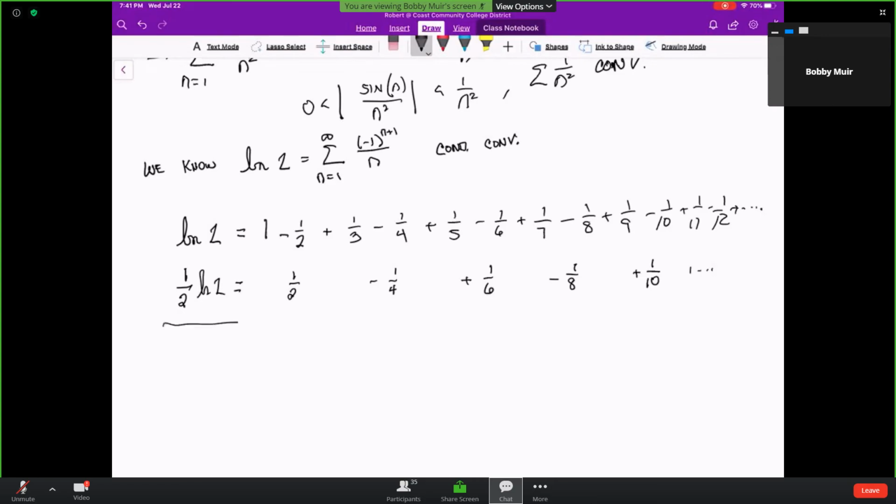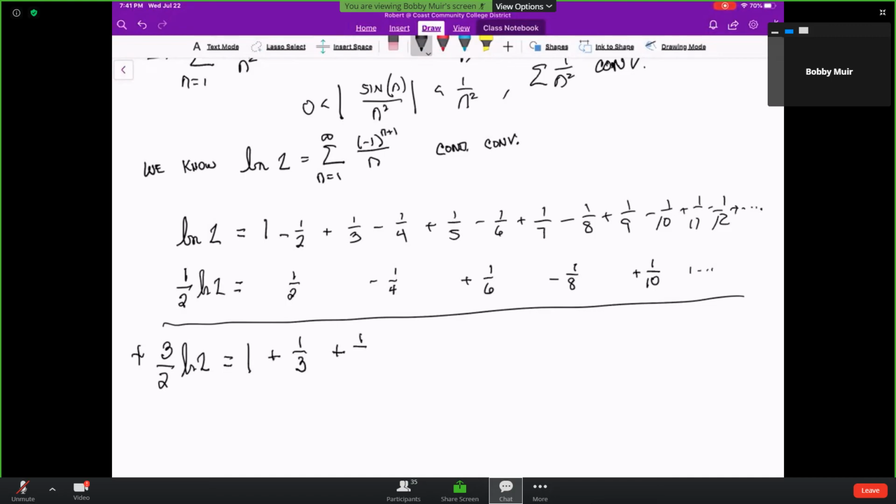Now, if we were to add these two things up, we would have 3/2 the log of 2 equaling whatever this is. 1, that cancels, plus 1/3, that cancels, plus 1/5. Whoops, that didn't cancel. Go back. Got too excited.